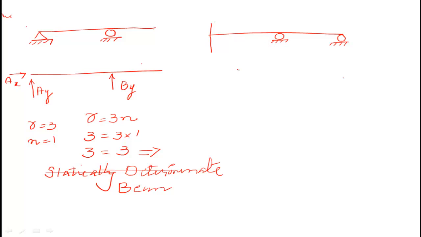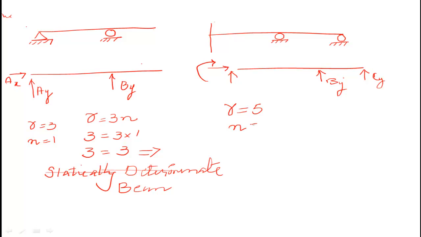Now if you draw the free body diagram of the same figure, it will be like this. It has support reactions Cy, By, and at the fixed end it will have two translation support reactions and a moment. From this figure we can see that it has 1, 2, 3, 4 and 5 reaction components, 5 support reactions, and the member is only 1.